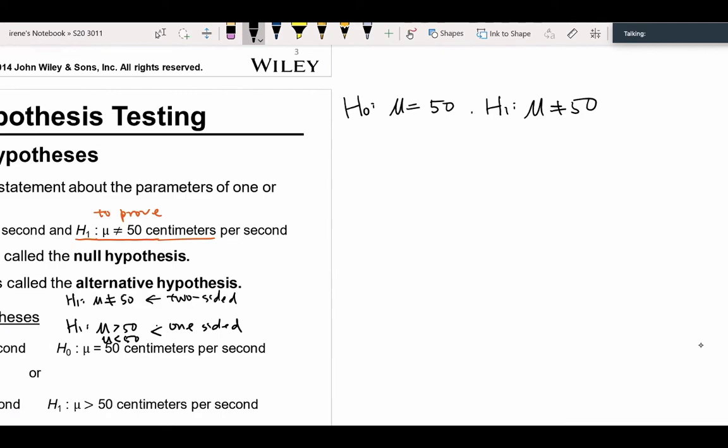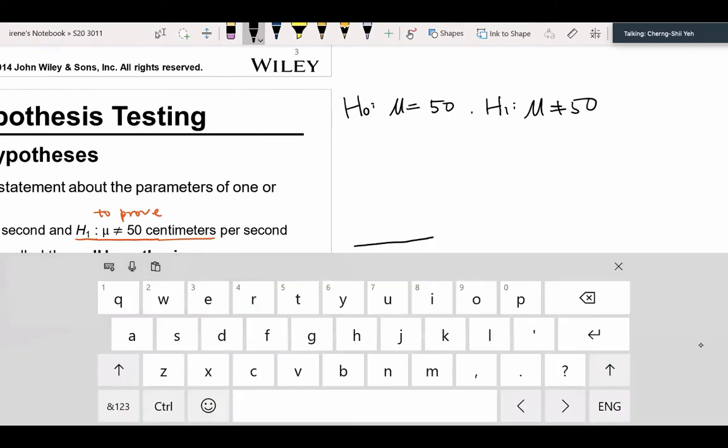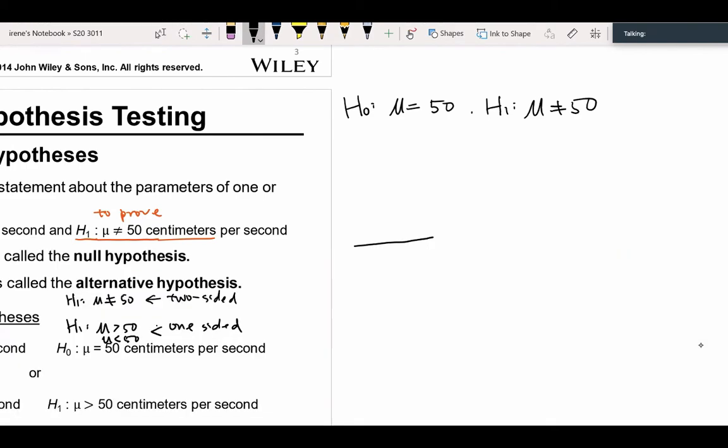So what we believe is our current process is a population with a mean of 50. Okay, this is what we believed.